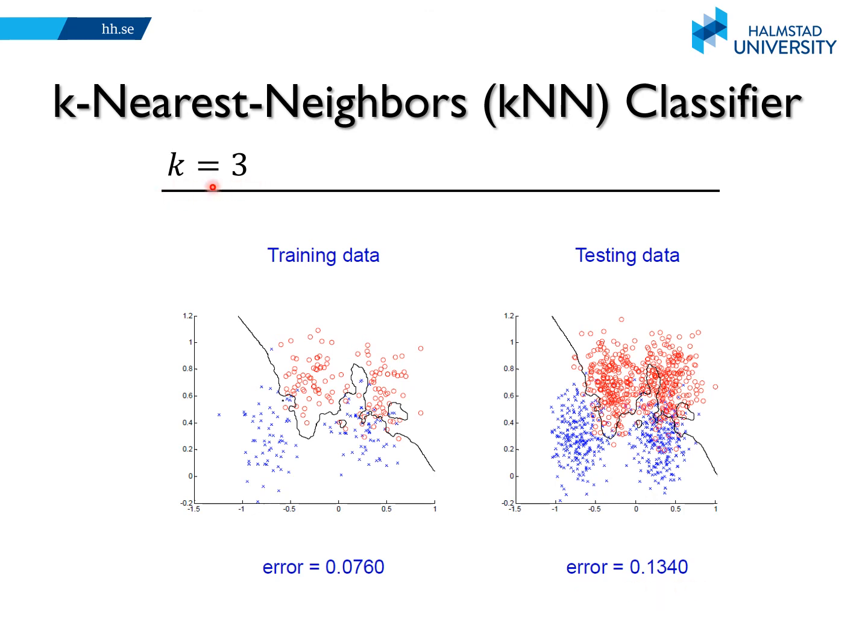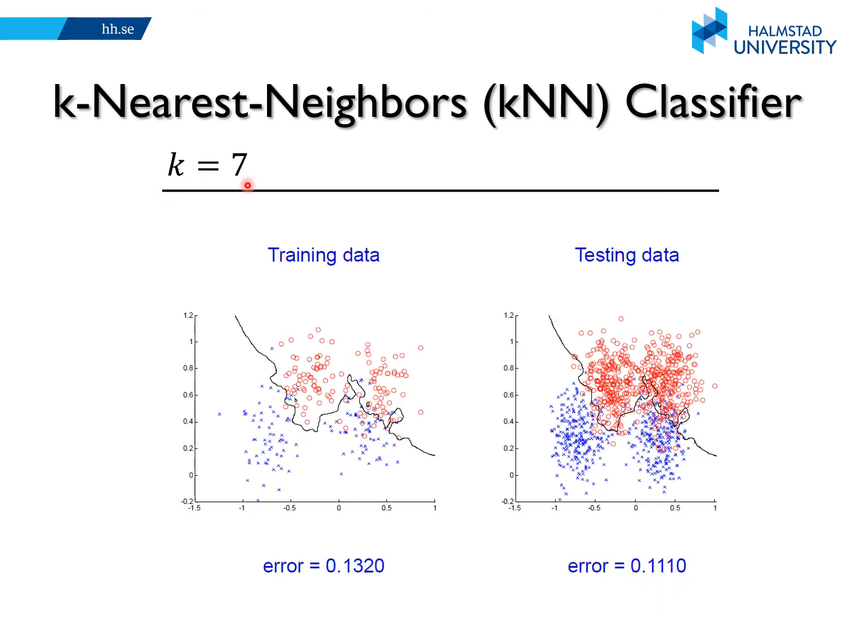And if we increase k further, for example, k is equal to 7, then we can see that the training error increased more, and we got a simpler model, but the test error decreased. So the error computed on the test dataset, the new dataset, decreased. So k equal to 7 is better than k equal to 3, even though the training error increased.